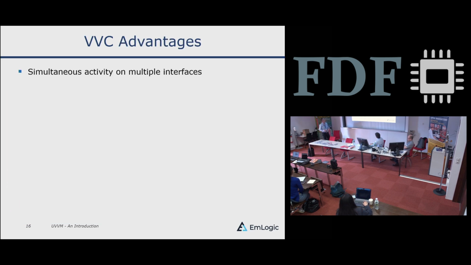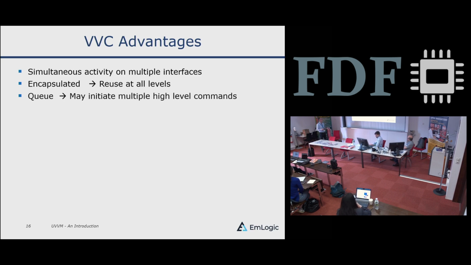So advantages of that is you can have simultaneous activity on multiple interfaces. It's encapsulated, that's important. Everything is inside a verification component. That means you can have reuse at all levels of this verification component. A queue allows you to do multiple high-level commands in a sequence. And local sequencers, I mentioned that already.